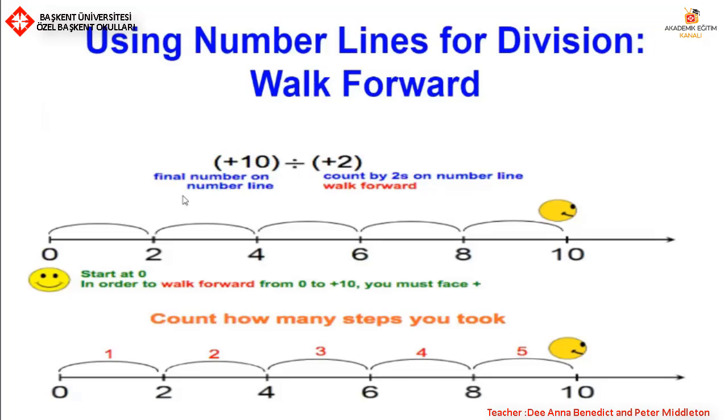And they are counting forwards to check how many times they have to go forward. And this gives the answer. So at the bottom of the picture, you can see that the face went forwards 1, 2, 3, 4, 5 times using 2's to get to the number 10. So 10 divided by 2 must be 5.